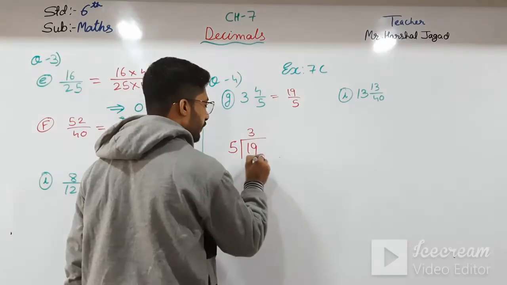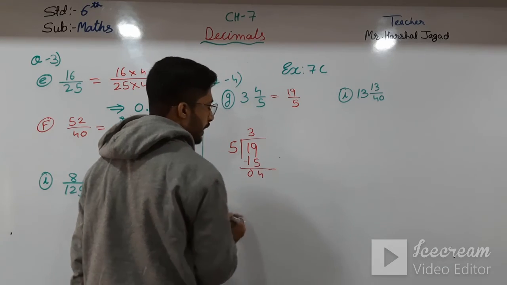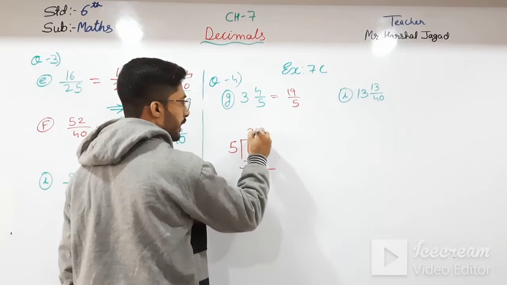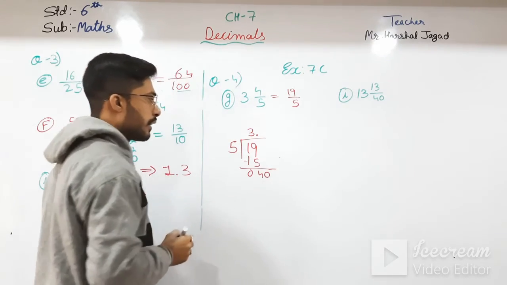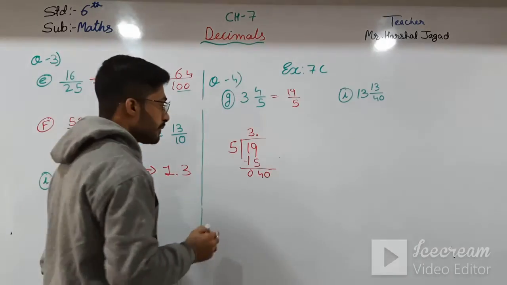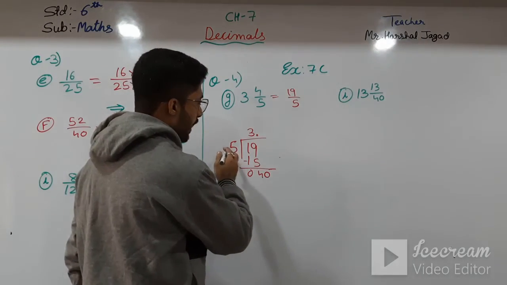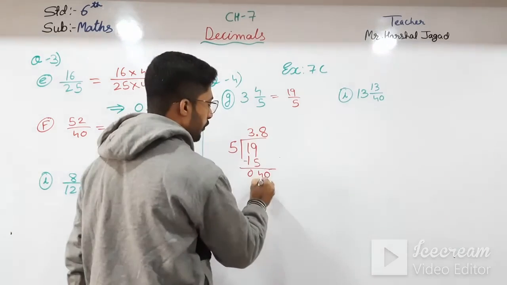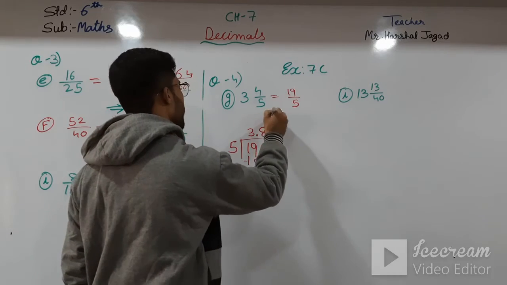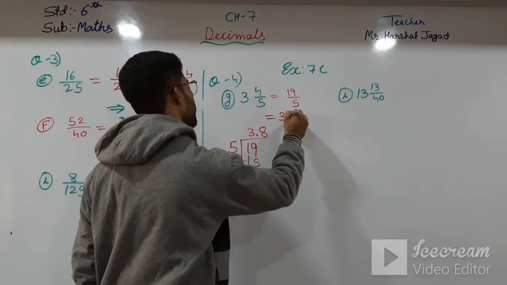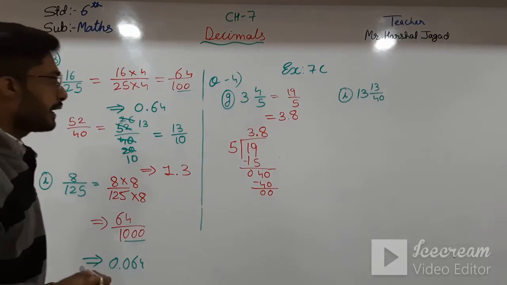Then 5 3s are 15, here comes 4, it is small, so we have to put a point over here, then it will come 0. Here 5 8s are 40, 0 0. So our answer is 3.8.